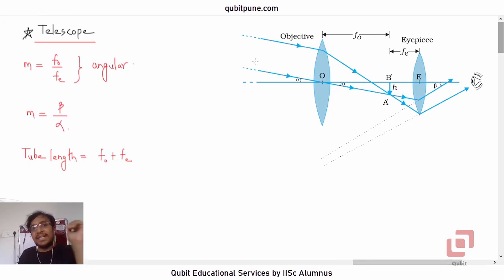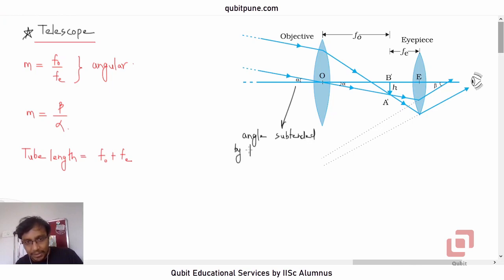The object is at infinity, obviously, because we are viewing stars or distant planets. The angle that the object subtends at the objective lens or even at the eye is called alpha. Notation wise, alpha is the angle subtended by the object at the lens.